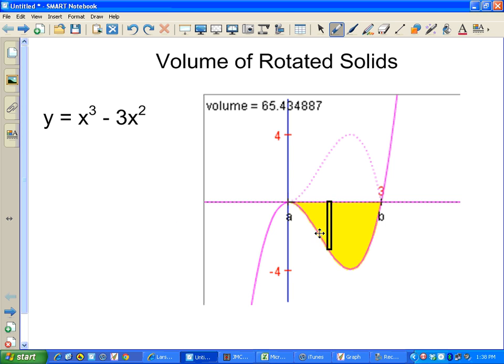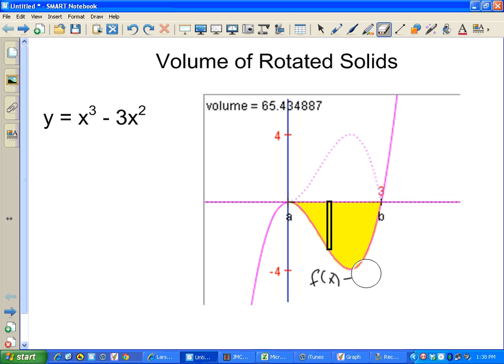We said the height of this rectangle would be the difference between the function, because everything on this line is the function, minus the bottom, which would be 0.